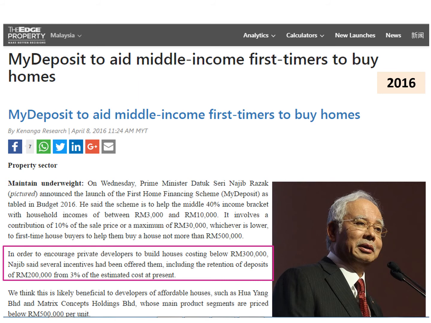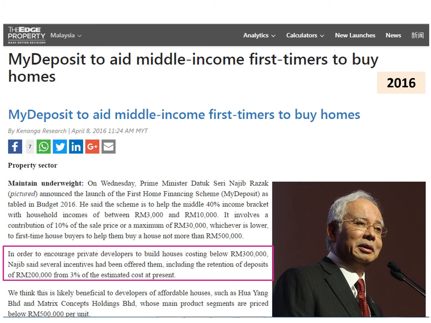This means that every private developer who develops, for example, a high-end development needs to provide some percentage of units priced below 300,000. This is to ensure what we call rumah mampu milik for the community.